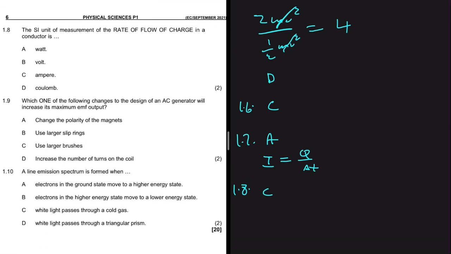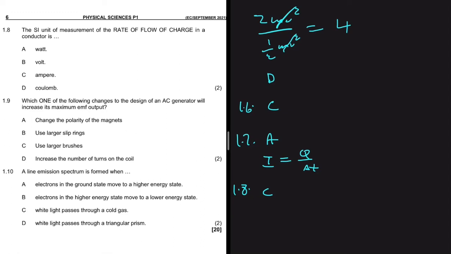And then 1.9 is saying which one of the following changes to the design of an AC generator will increase its maximum EMF output. This is actually grade 11 work, right? When you're talking about electromagnetism, you know that if you want to increase the maximum EMF, then you have to increase the number of turns on the coil, right?